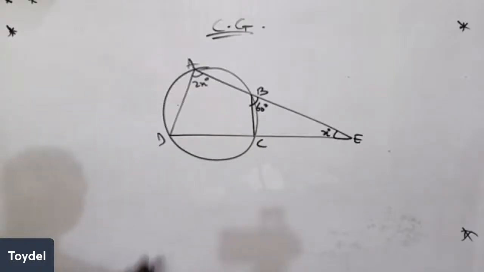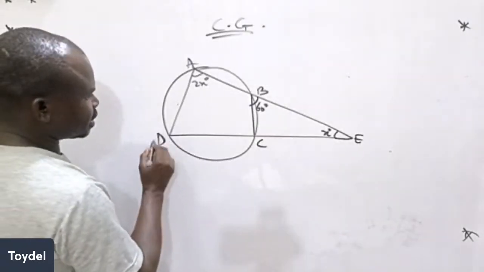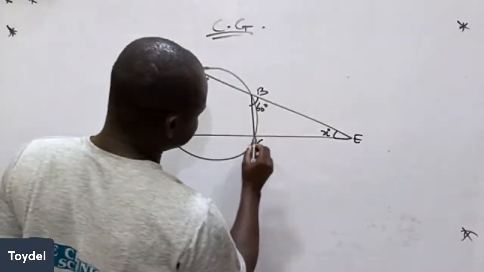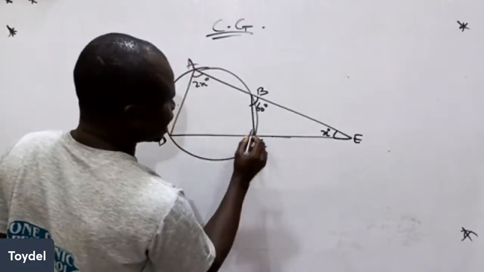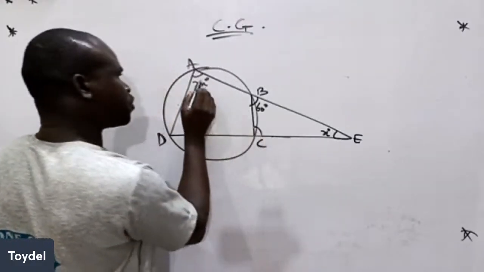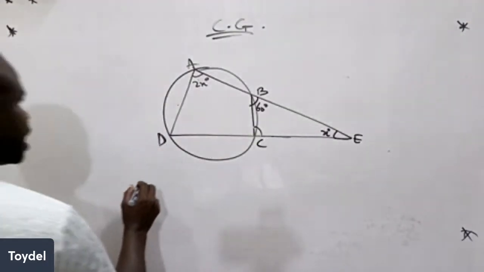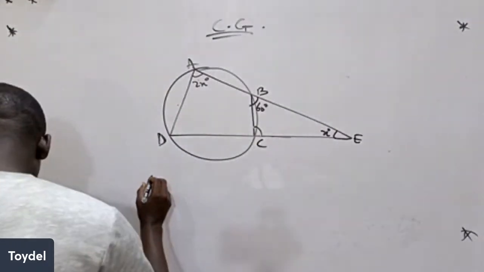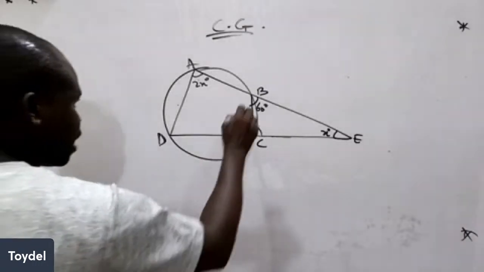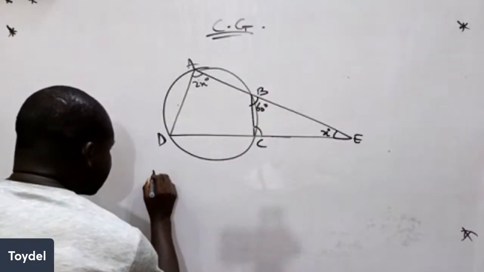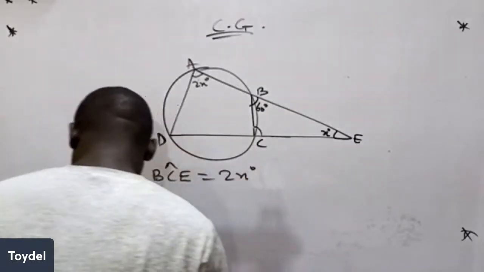So we want to calculate the value of x. The theorem says that if one side of a cyclic quadrilateral is extended, the exterior angle formed is equal to the interior opposite angle. So in this case, I can say that angle BCE is equal to 2x degrees.